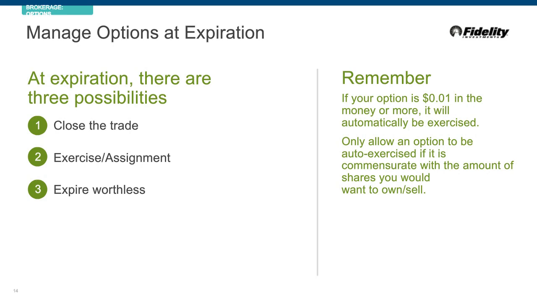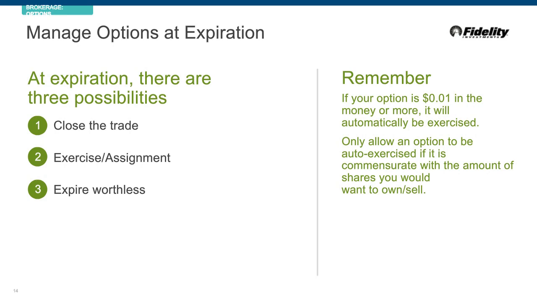The big thing that we want to point out, with the idea of exercise and assignment, is there's a default. The default is if the contract is 1 penny in the money, the contract will be exercised. So if I hold my contract, I bought to open a call or put, and I have that 1 cent of intrinsic value as of the close at expiration, your broker will certainly exercise your right.